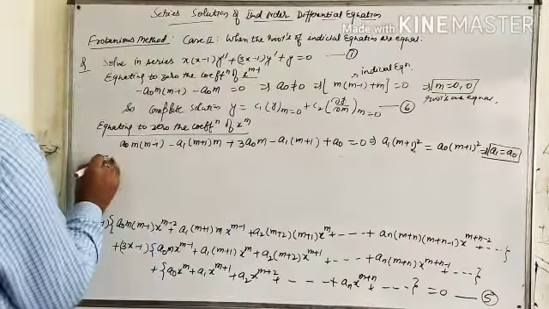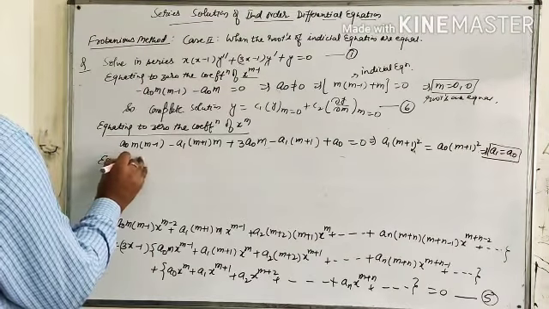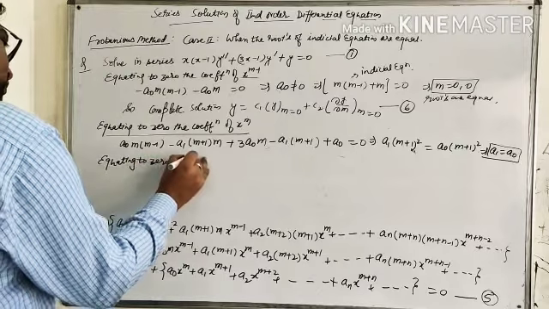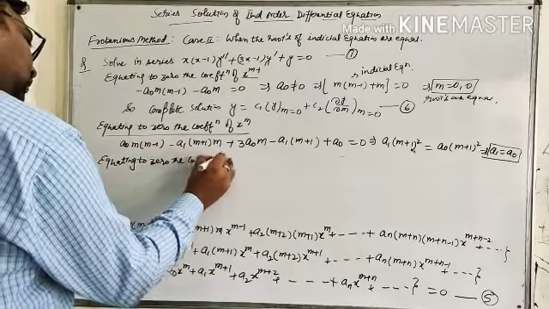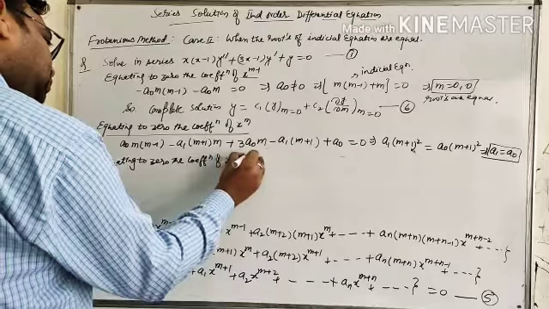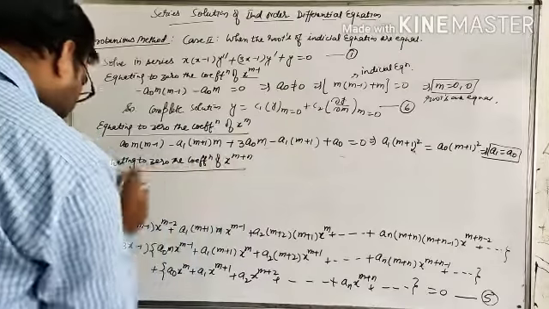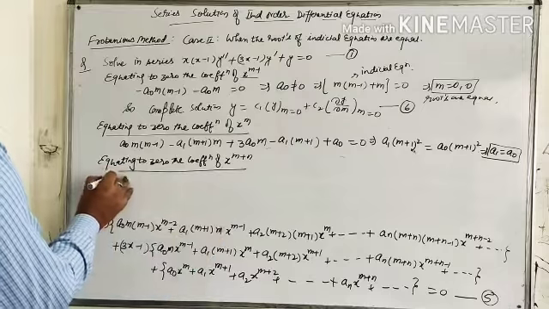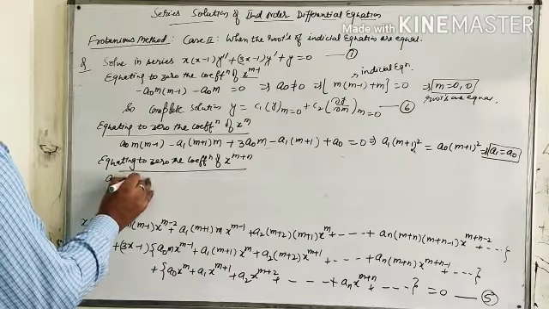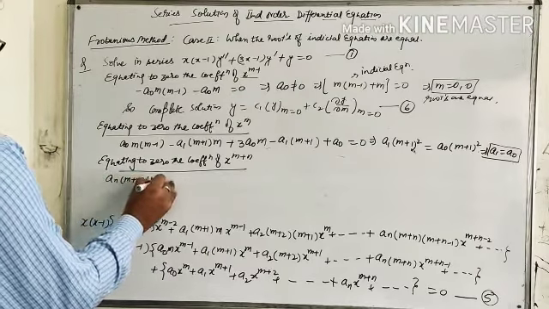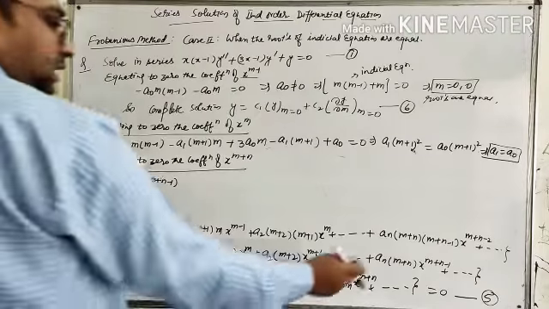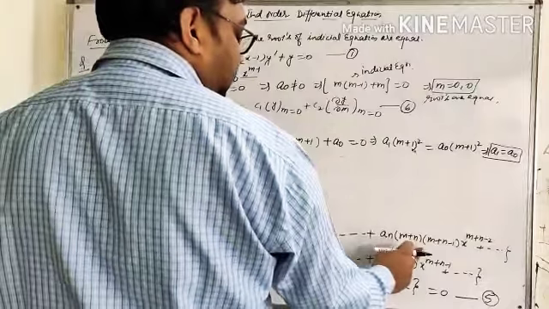Now equating to 0 the coefficient of x raised to power m plus n. When we multiply by x square, the coefficient is a n m plus n minus 1. When we multiply by x, this will be the coefficient of m plus n minus 1.